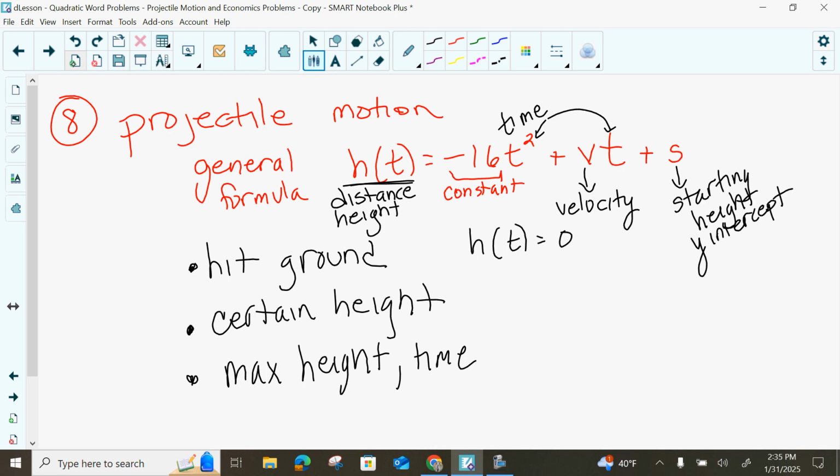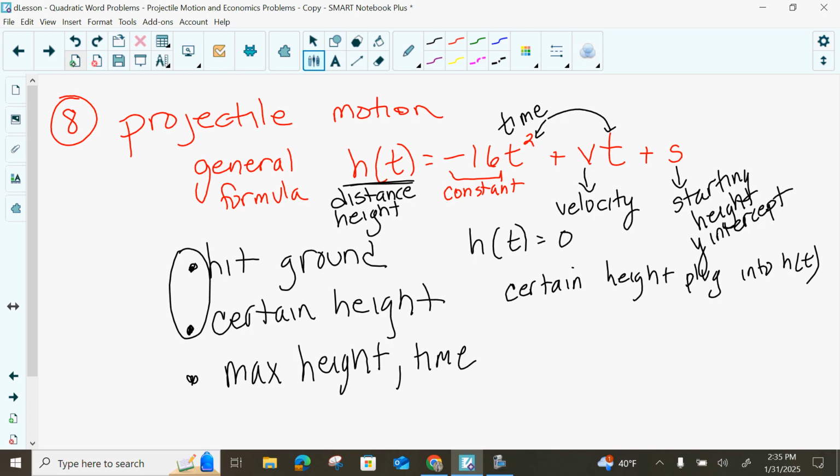When you're looking for a certain height, you are going to take that certain height and plug it into H of T. So to me, these two things are kind of the same thing. When it hits the ground, it's 0. When it's at a certain height, I want to know when it's 100 feet or 50 feet, right? You're going to plug that certain height into H of T.